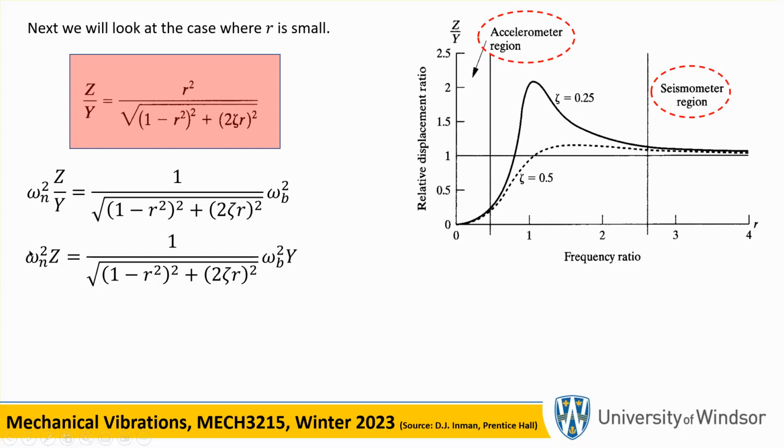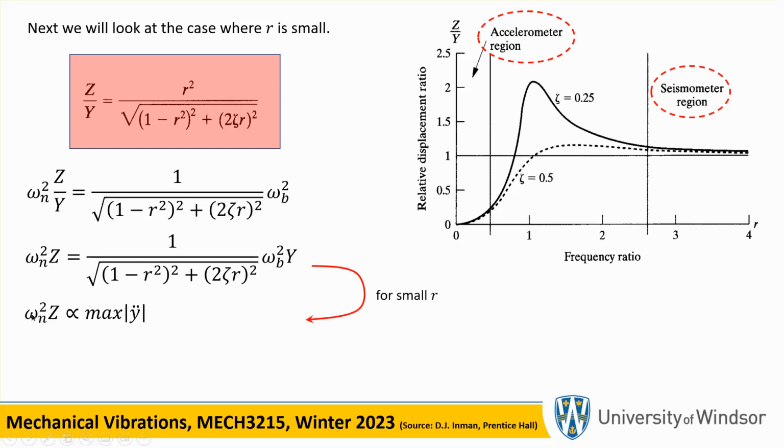And let me remind you that this is the acceleration of that mass inside the accelerometer. Remember omega n squared? And this is the amplitude of the acceleration of the base.